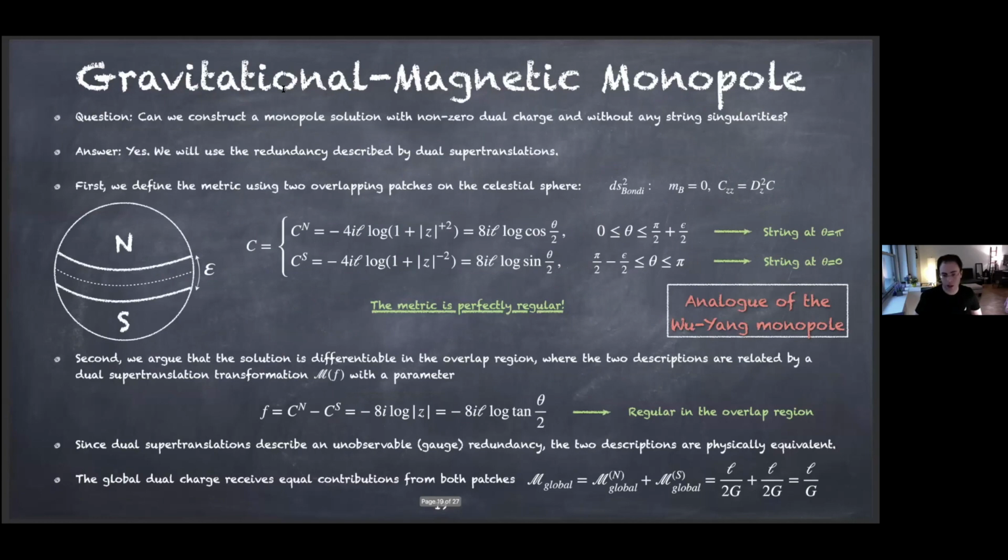That's what I'm suggesting. This is work in progress, but so far what I present is only the asymptotic analysis. I think that dual super translations can be extended into the bulk, but this is out of the scope of this talk, and I still don't know that. So in the bulk here, the monopole solution can maybe have a pathological behavior, we don't know. But hopefully it can be extended into the bulk, and I hope to report on it sometime in the near future.